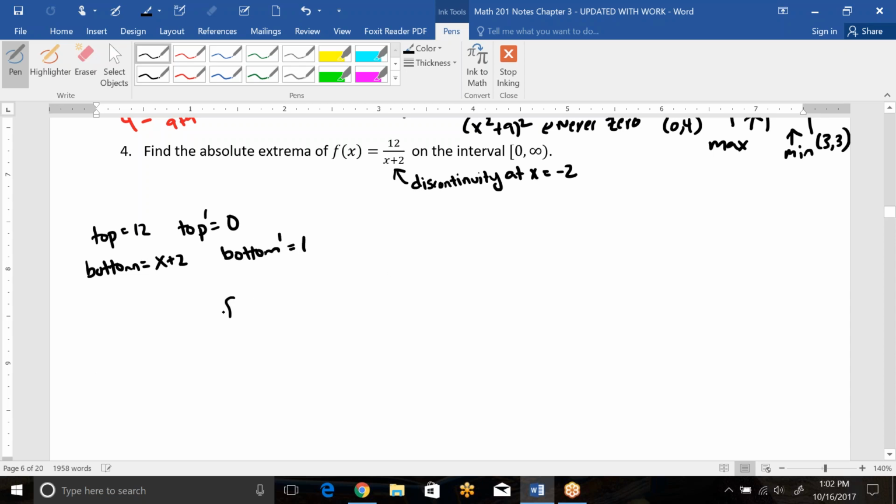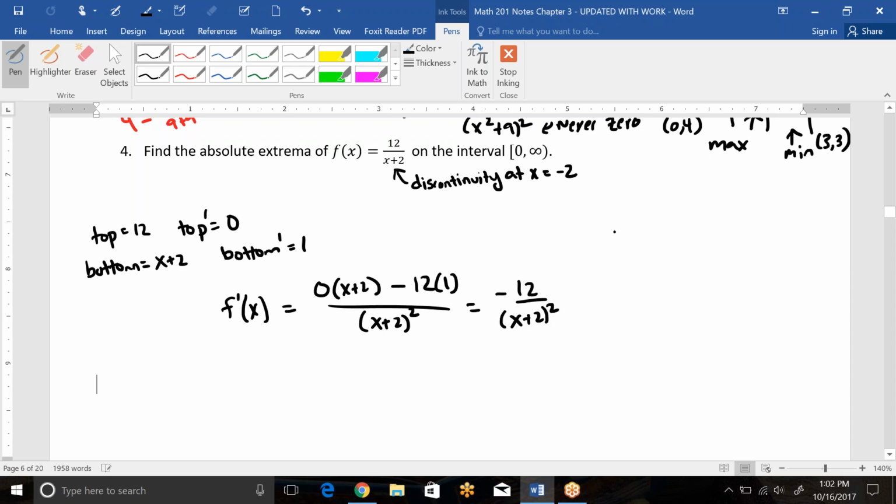So then remember, this would be derivative of the top times the bottom minus the top function times the derivative of the bottom, all over the bottom squared. So that's -12 over x plus 2 squared, which I could have found by writing 12 times x plus 2 to the -1 and doing the power rule there. So that's another way of finding that same derivative. It just depends on which way comes to you easier.